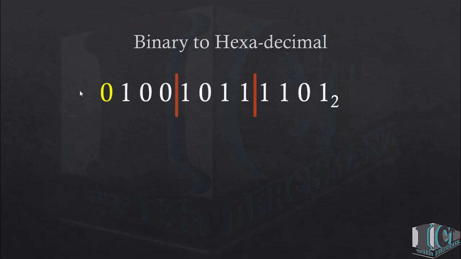Now I am going to write the corresponding hexadecimal values. D, B, and this is 4. When I write them up together, it will be 4BD to the base 16. So the hexadecimal value for the given binary number would be 4BD base 16.